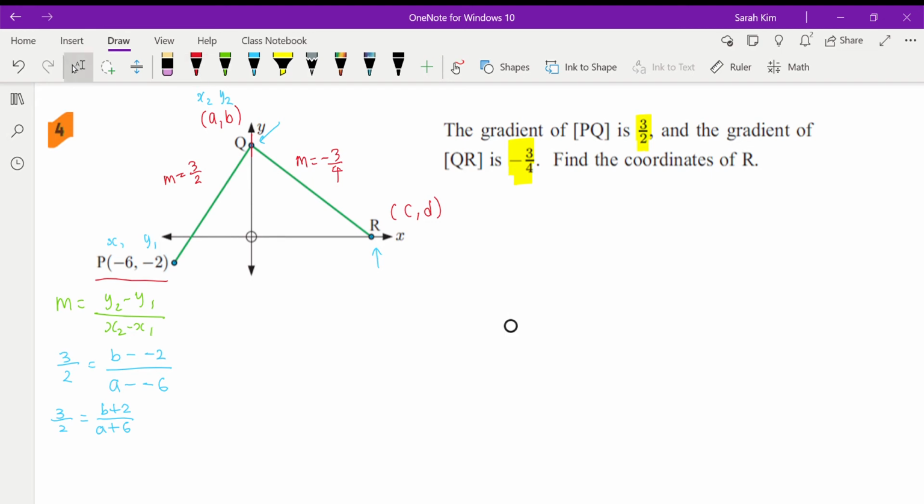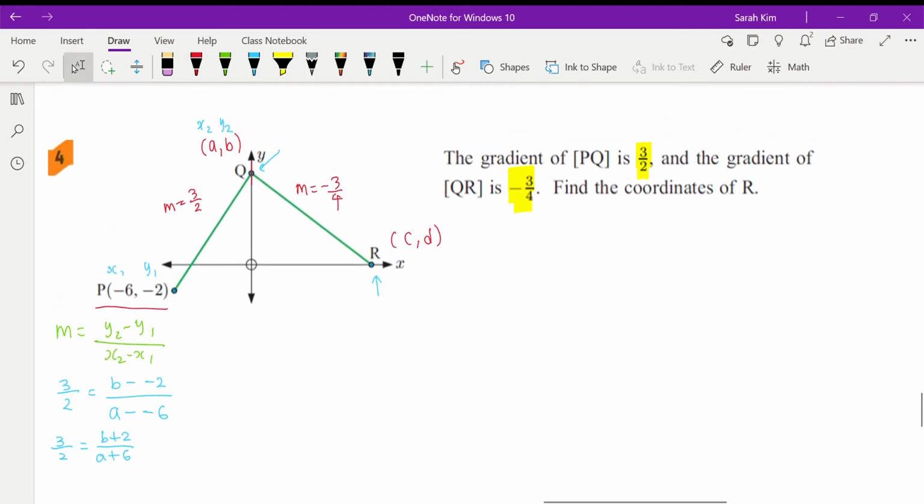That means it is the y-intercept, and all of those values have x equals 0. Remember that fact? So my A is actually 0. I should be able to substitute all that in, so that will just be 6. Alright, so I should be able to solve for B.